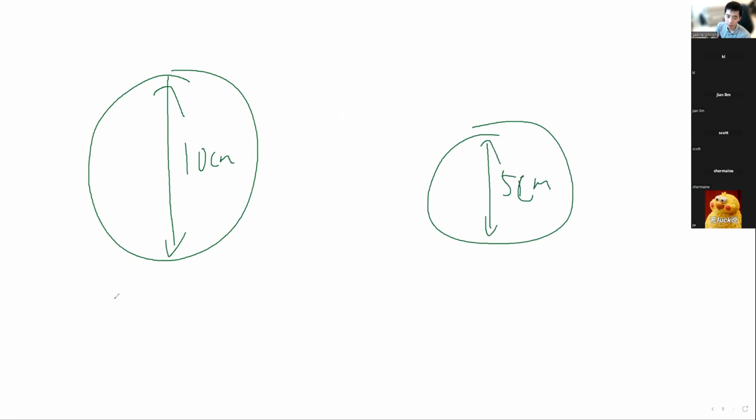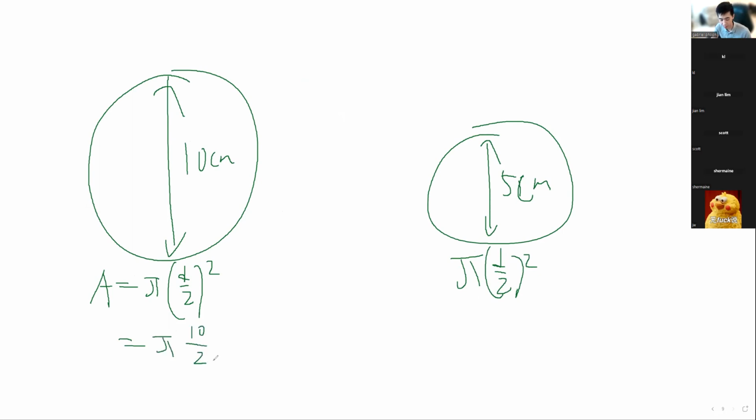If I want to find the area in terms of diameter, area is equal to pi d over 2 squared. For the first, it's pi 10 over 2, which is 5, so 5 squared. And this one here will be pi 2.5 squared. If you press this into your calculator, the first obviously gives you 25 pi.